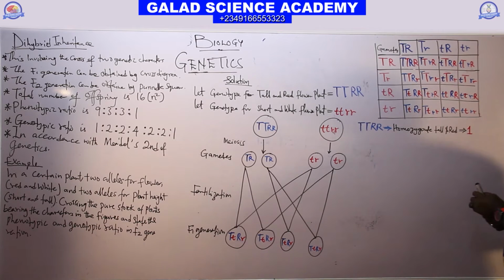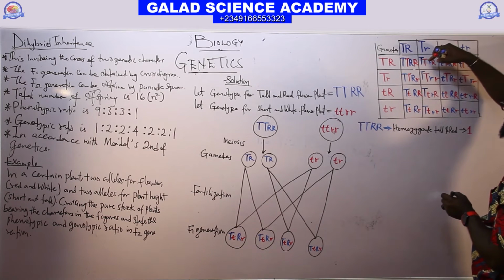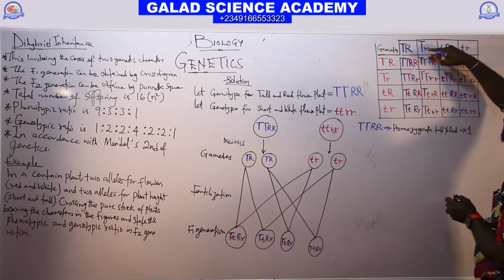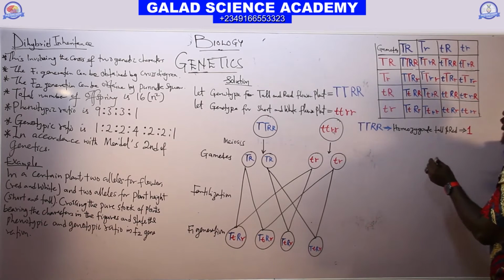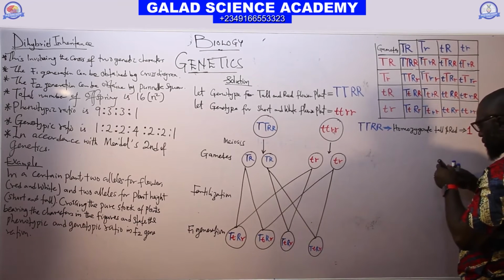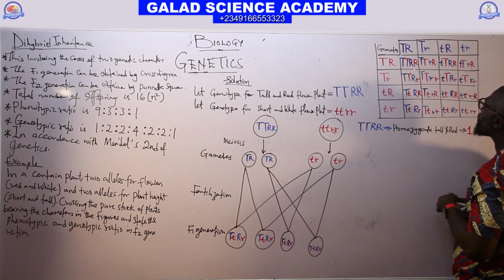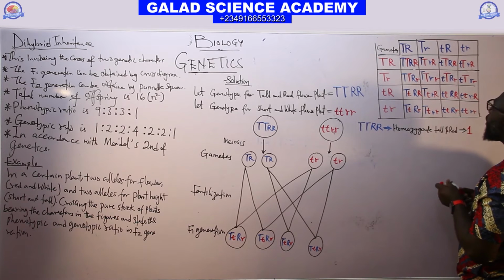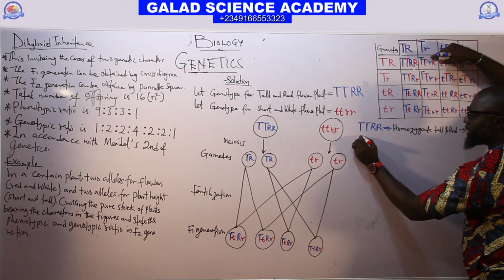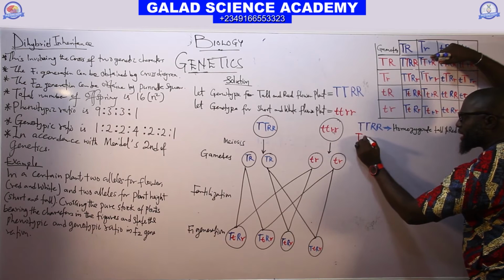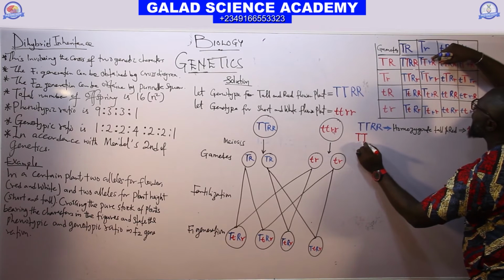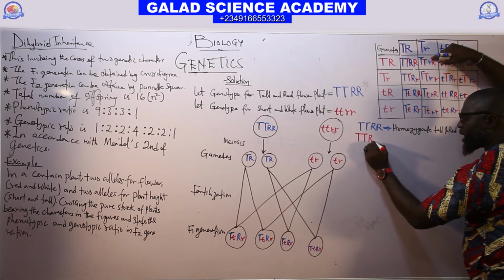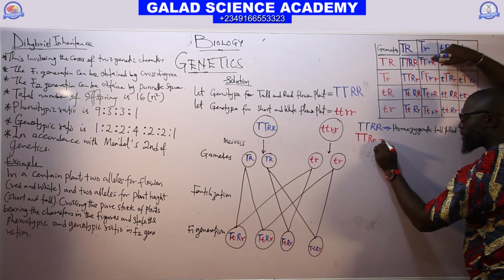Well, again, let me go for this one. How many are homozygous tall that have T T and have big R, small r?